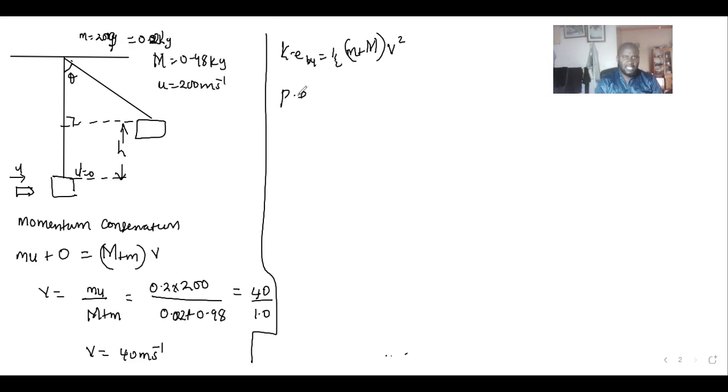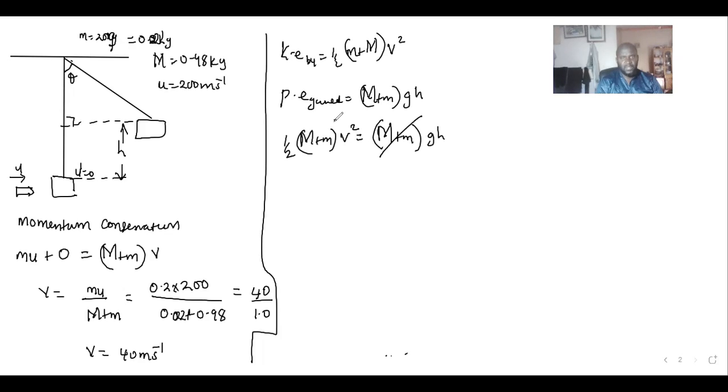Then potential energy gain is equal to (M plus m) times g times H. Because the energy is conserved, we shall have half (M plus m) V squared equal to (M plus m) g H.